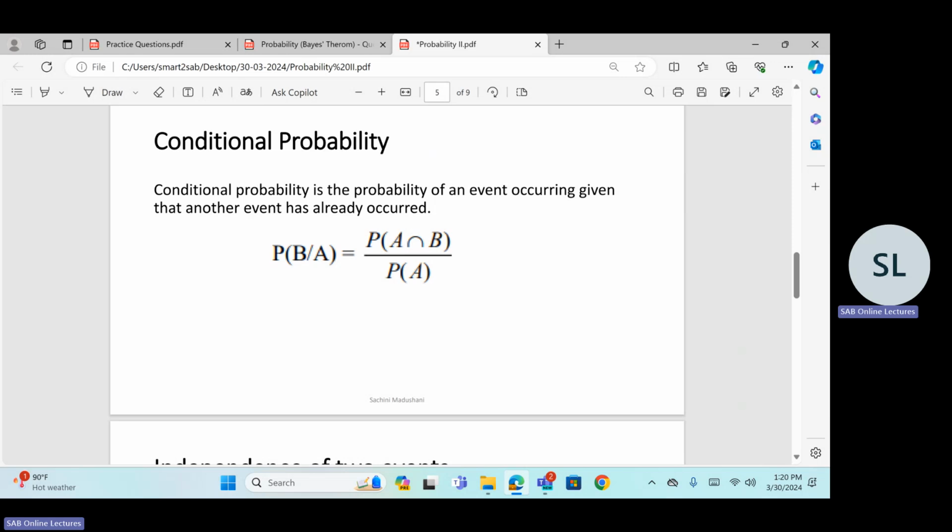In joint probability, two events occur together. But in conditional probability, we discuss two events, but for the probability of the particular event, the other event has already occurred. It's clear that we call that conditional probability.